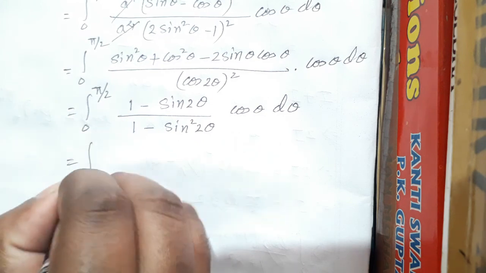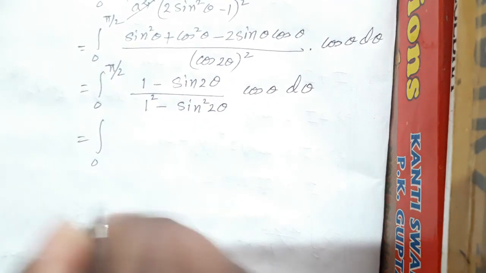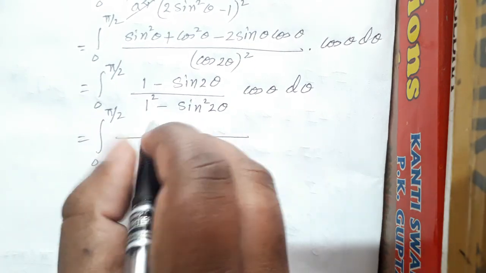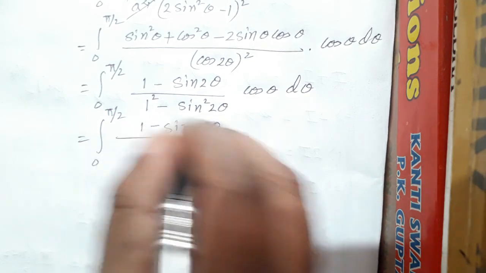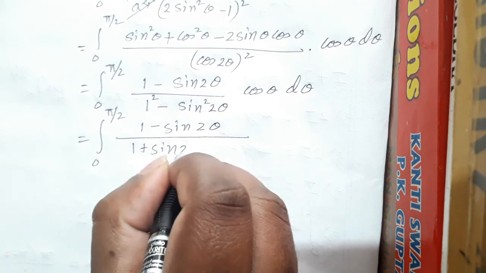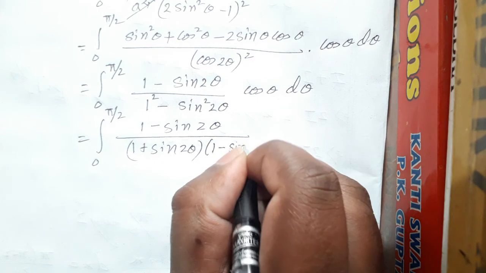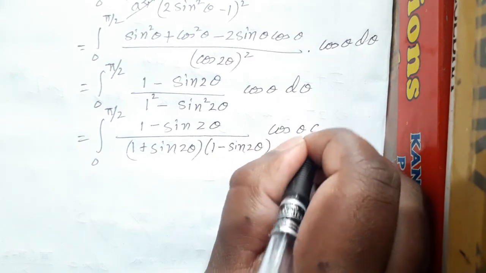Now this is of the form a square minus b square, so it can be written as (1 plus sine 2 theta) into (1 minus sine 2 theta), times cos theta d theta.